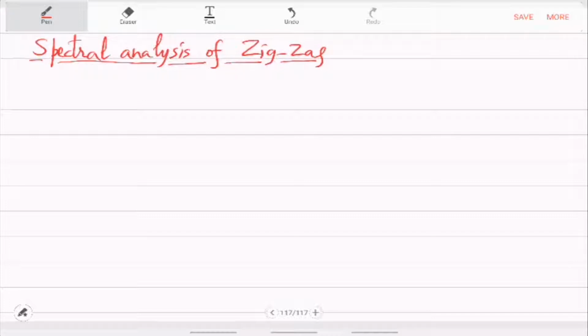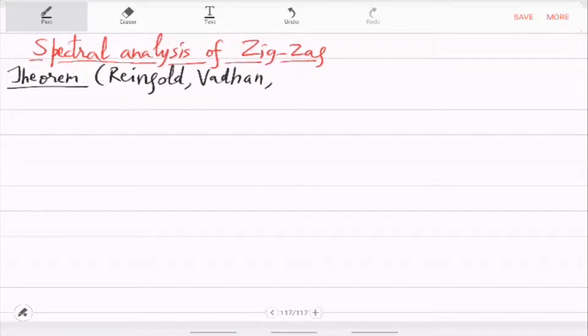So the major theorem is due to Reingold, Vadhan, Wigderson.